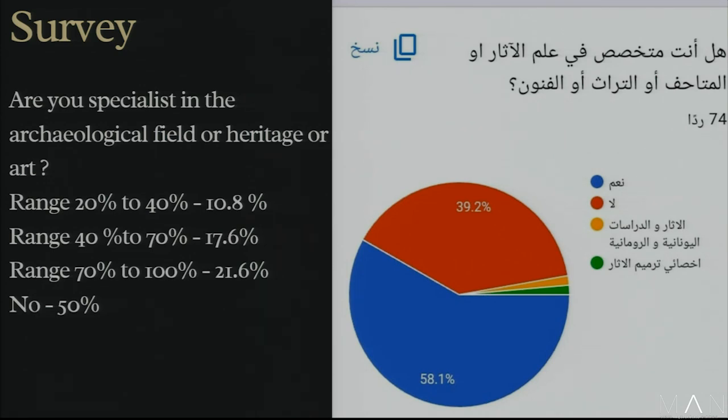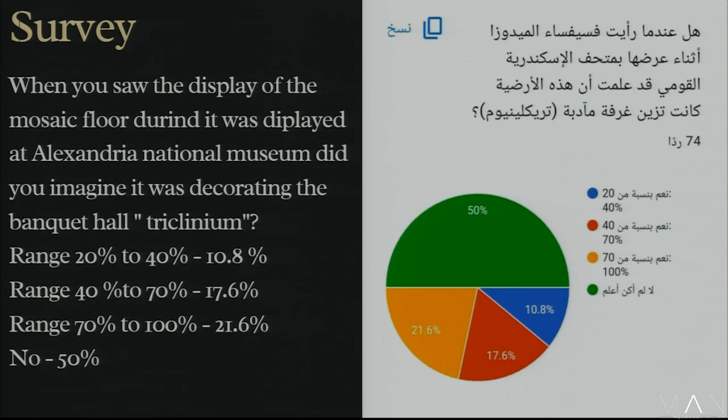Then we asked them if they specialized in archaeology, museology, heritage, or art. 58.1% responded yes, while 39.2% responded no. We asked them whether they knew that the Medusa mosaic during its display at Alexandria National Museum was used as a banquet hall floor. 50% responded negatively.